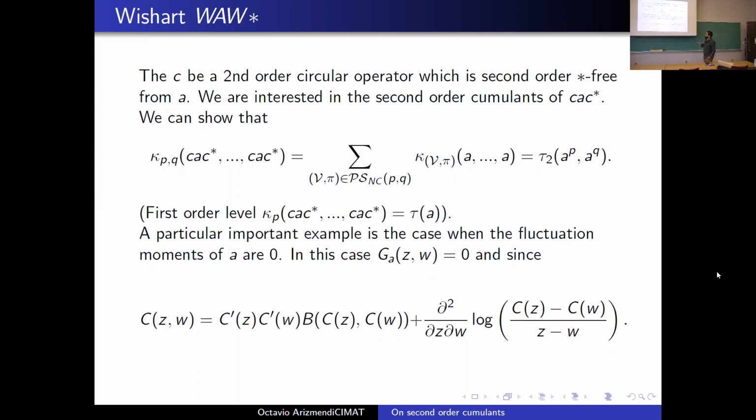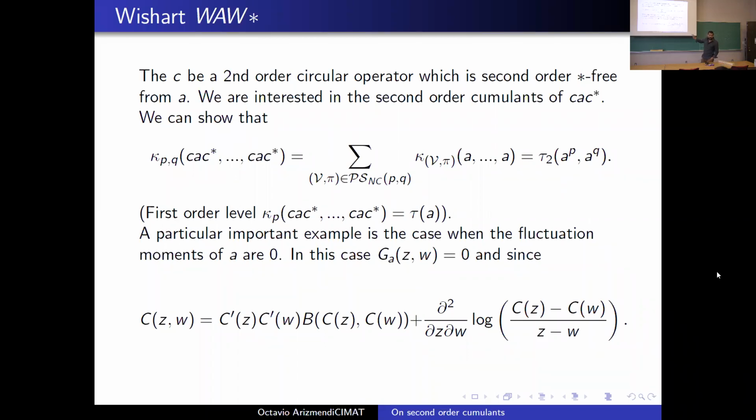And actually, this is more general because we don't need to assume that this is deterministic. So we have this formula that the cumulants of CAC star are the moments of A, and independent if they are second order free. As in the first order case, the cumulants of CAC star are the moments of A.